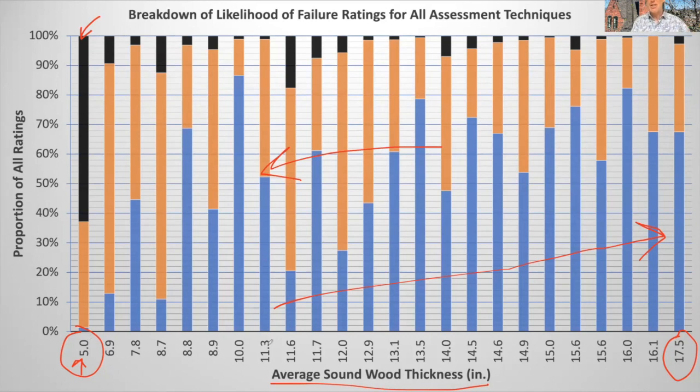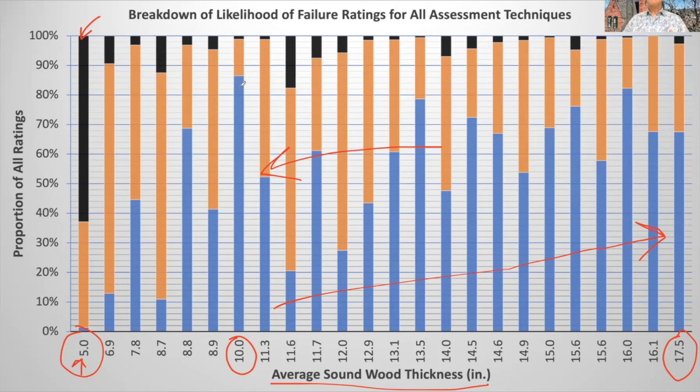There are some exceptions, and it's worth just looking quickly at this. So here's a tree that had a comparatively small amount. It's still 10 inches of sound wood, but comparatively small relative to some of these other ones where there's 15, 16, 17 inches of sound wood. Most people, despite the relatively low sound wood thickness, almost 90%, 86% or so, assigned an improbable likelihood of failure.